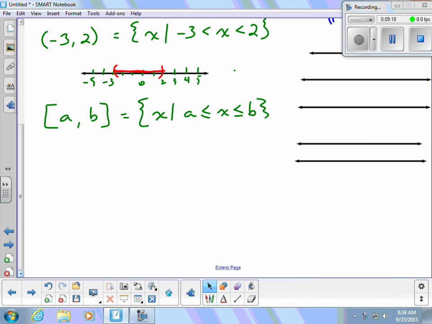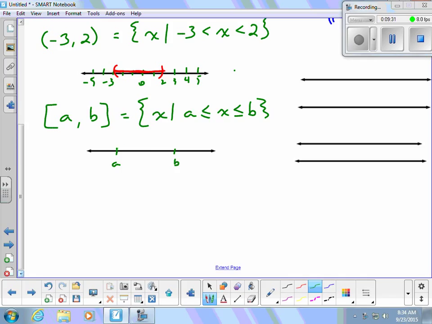Okay, so again, we can show this on a graph. By putting our values a and b on it and darkening or highlighting using a different color the line to show the interval between those two values, and again just putting the type of bracket at the value to show what the interval looks like.